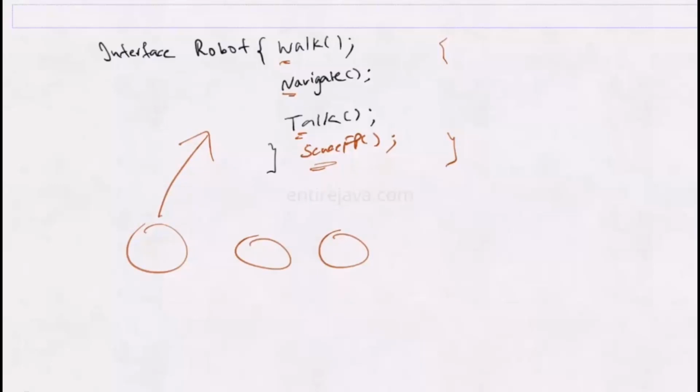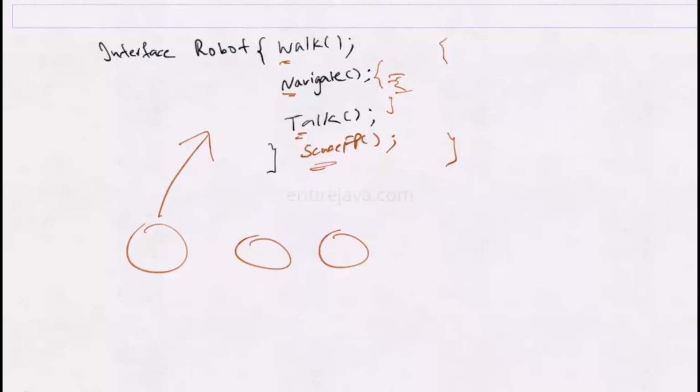So far we haven't been able to provide implementation, or provide behavior, inside an interface. I mean, all these methods are abstract. We cannot have a curly brace and provide all the instructions. But from Java 8, it is possible to provide the implementation, but you need to make sure you mark that method using a keyword called default.